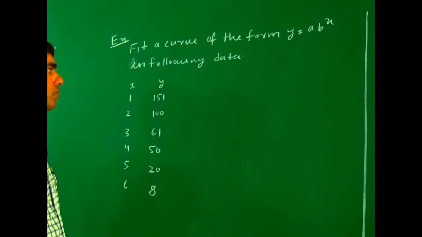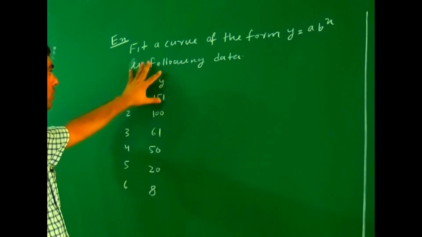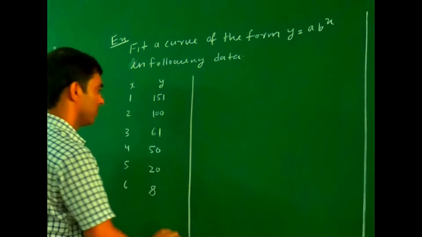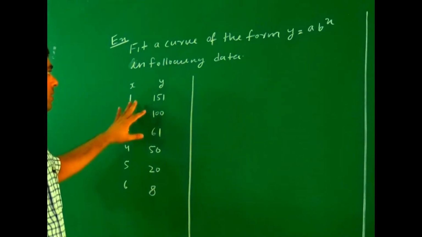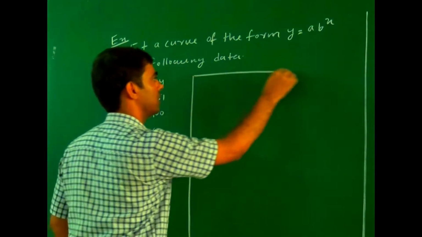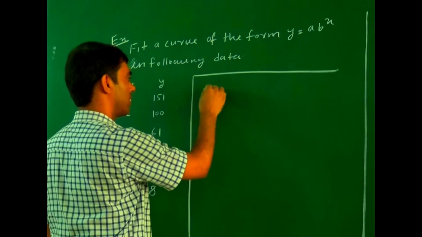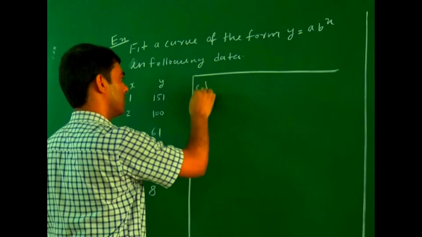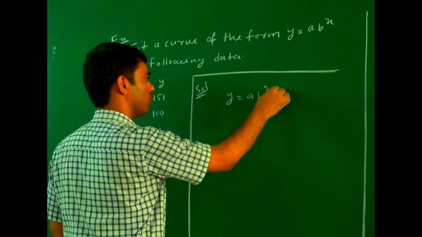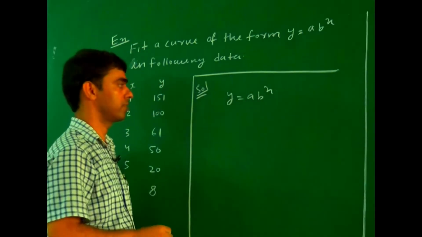Then how do we find the solution? First we write the normal equations. We start from y equals a into b to the power x.